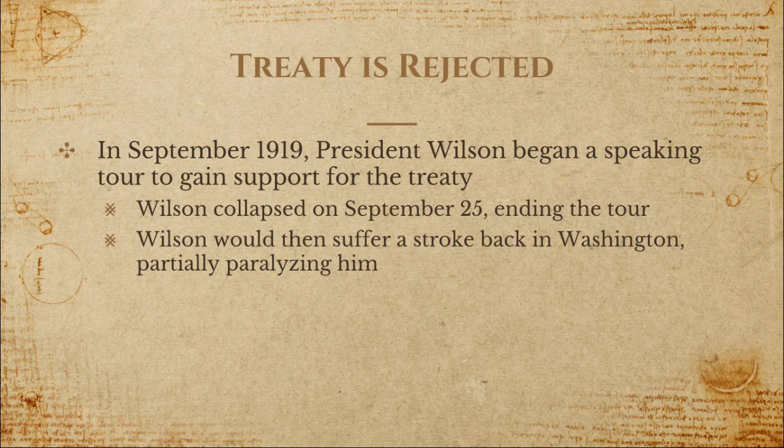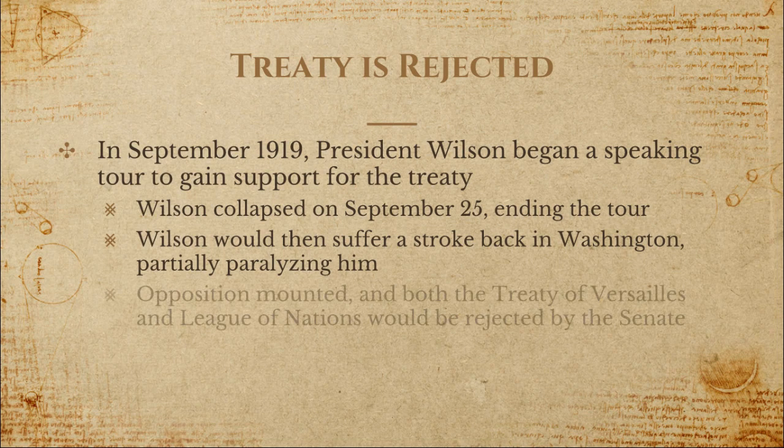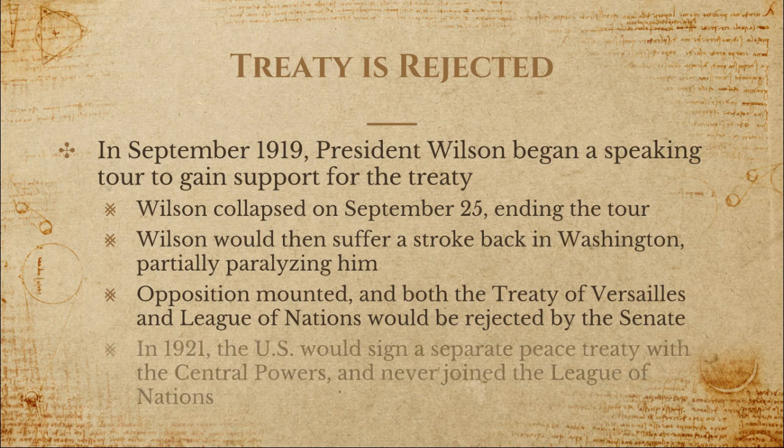In the wake of these events, opposition to the Treaty of Versailles and the League of Nations continued to build, and both the treaty and the League of Nations would ultimately be rejected by the U.S. Senate. Now, the U.S. would go on to sign a separate peace treaty with the Central Powers in 1921, and even though President Wilson had created it, the U.S. would never go on to join the League of Nations.